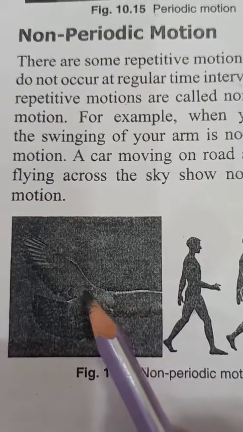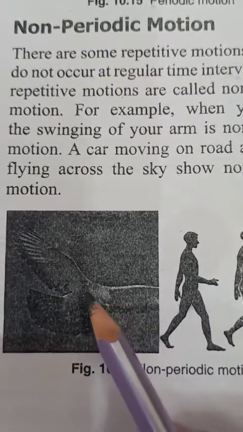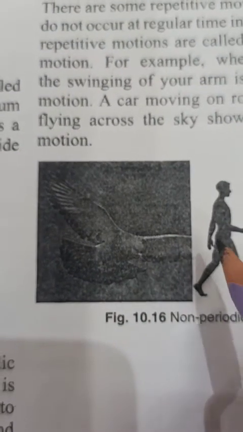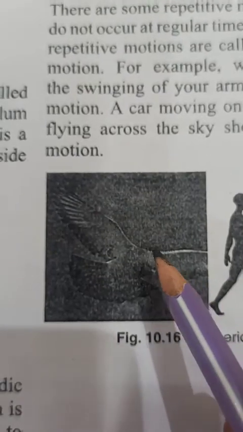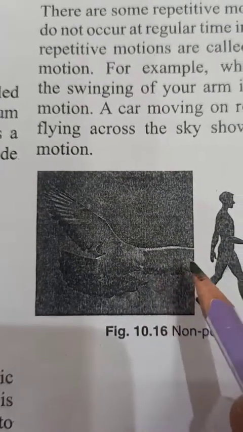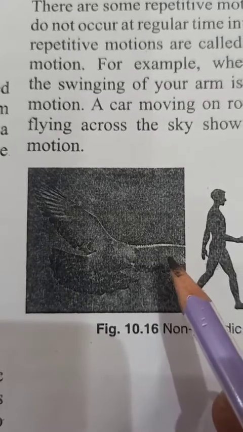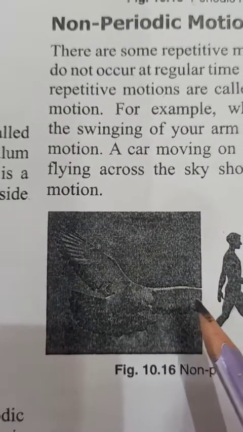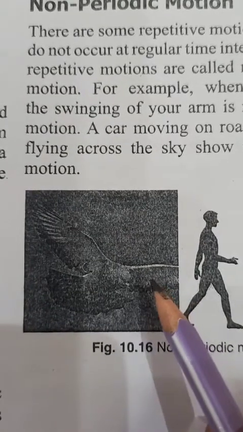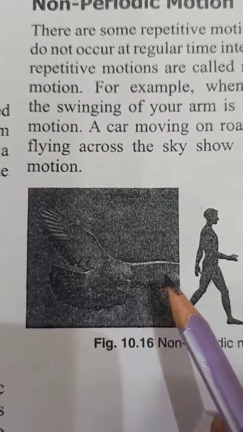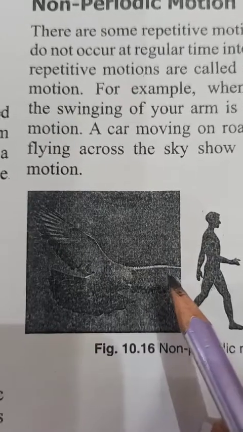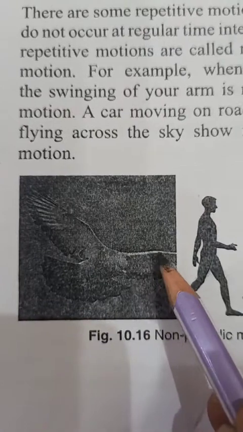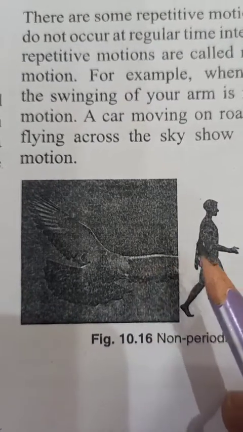But this kind of motion of their feathers is also called non-periodic, because their feathers are not always moving at equal or regular intervals of time, because sometimes birds move faster and sometimes they fly slowly.